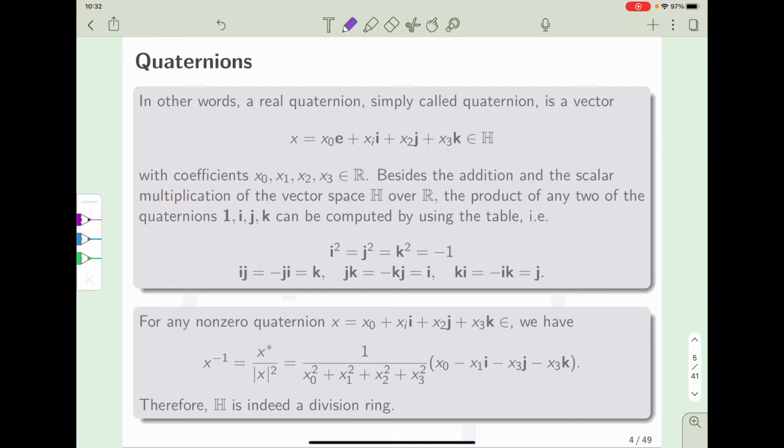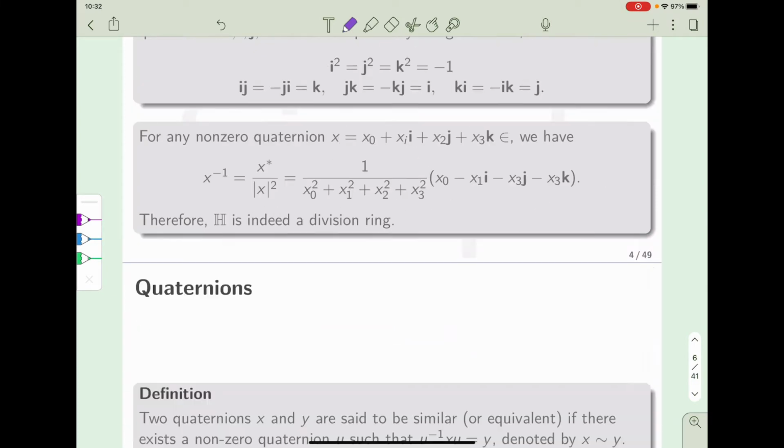Since a quaternion is a four-dimensional vector over R^4, we can use the Euclidean norm to define the quaternion norm. So for any non-zero quaternion x, we can show that it is invertible by direct computation, and it can also be expressed in terms of the conjugate and norm, which is the same as in the complex case.